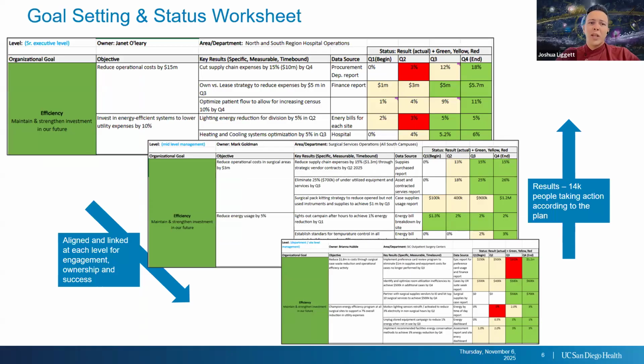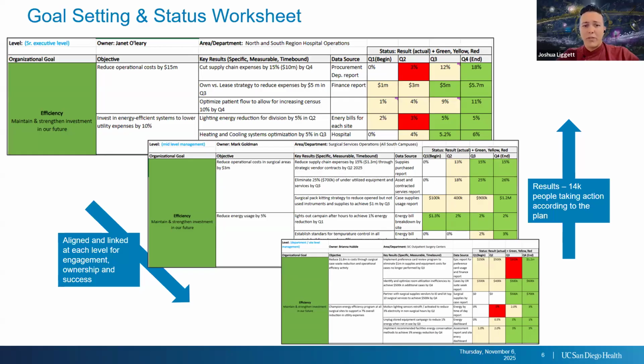One of the things we'll notice as we're constructing goals that make sense for our team is that they'll be somewhat, maybe a little bit tangentially related to the next level of management above us. So department level, site level management might be focusing on, in this example, reducing costs through surgical case waste reduction and operation efficiency activity.